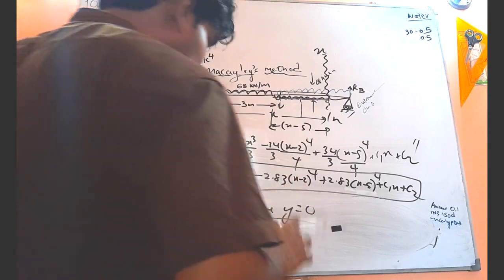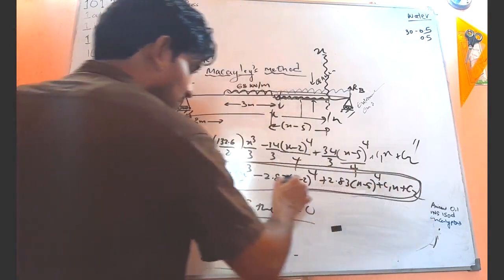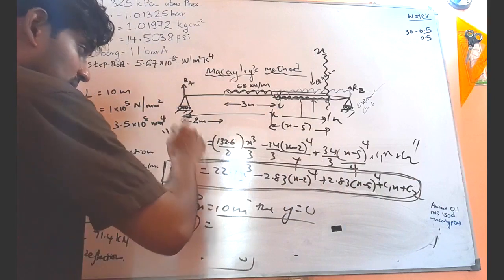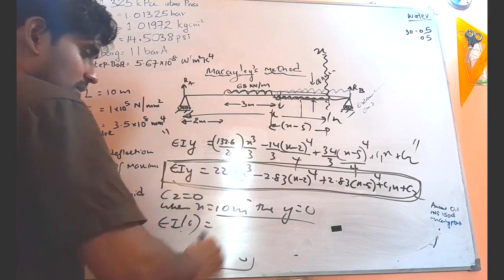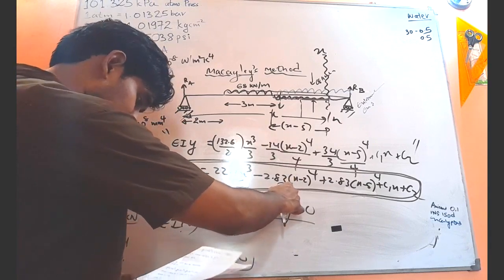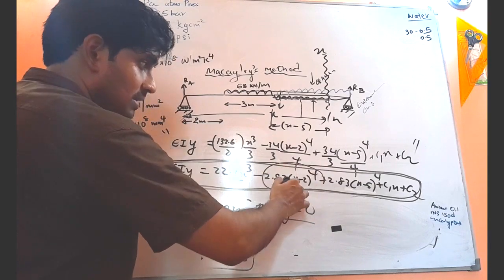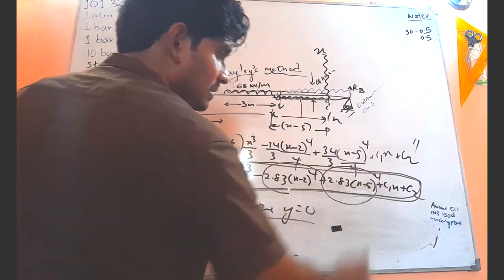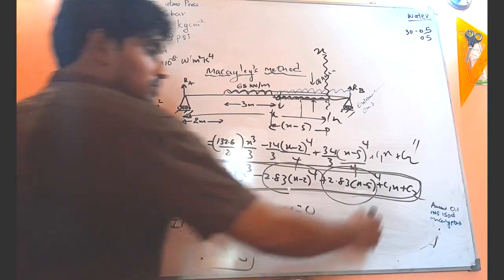The most important thing: this is our standard equation. This side is 0 because y is 0. Here put x equals 10, here also, and in every term you have to put x equals 10.